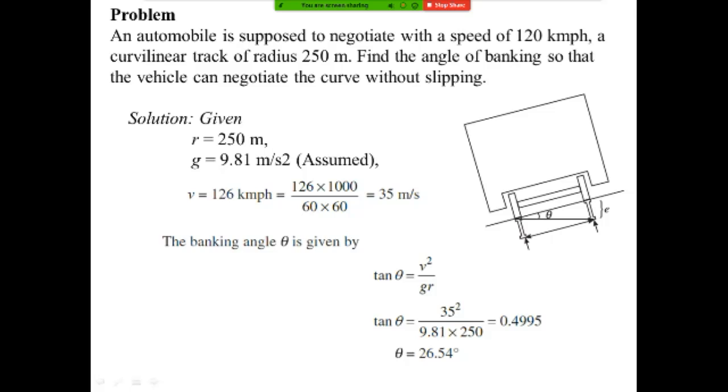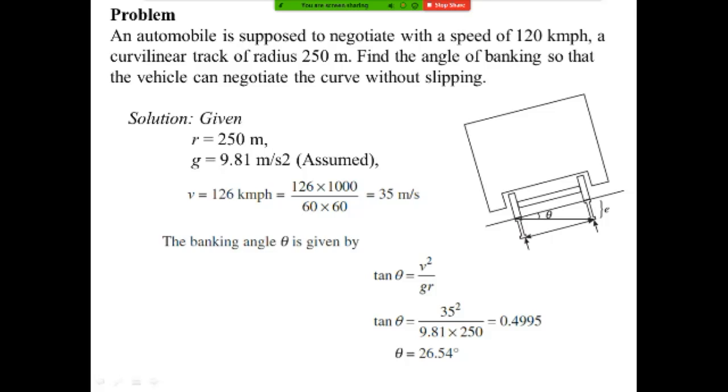So here, this angle is called super elevation. They provide this angle to keep the vehicle on the road when a curve comes. In curves, one side of the road is thicker and one side is thinner.